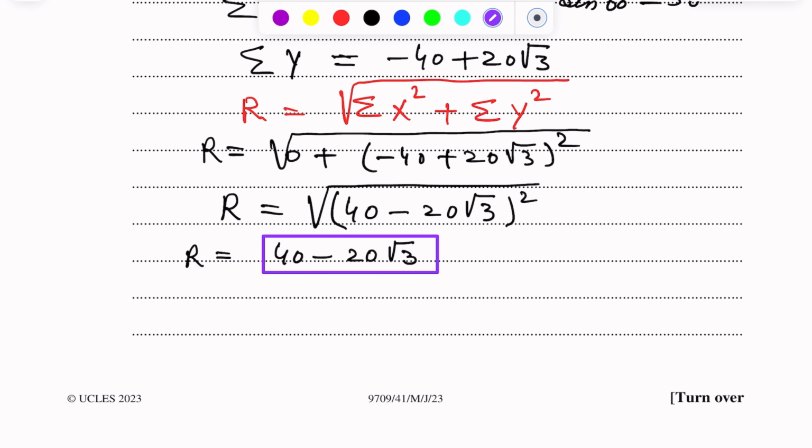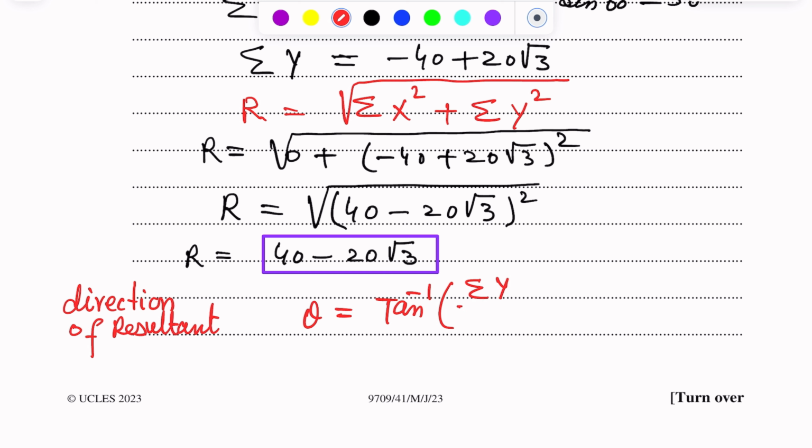Now we will find the direction. The direction of the resultant force, theta, is equal to tan inverse of summation y over summation x.